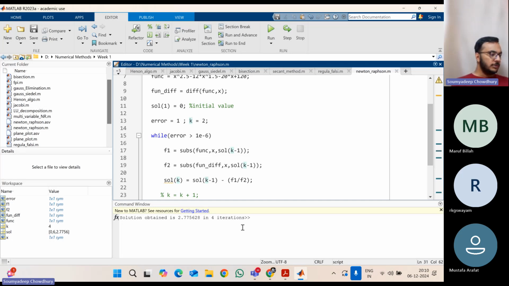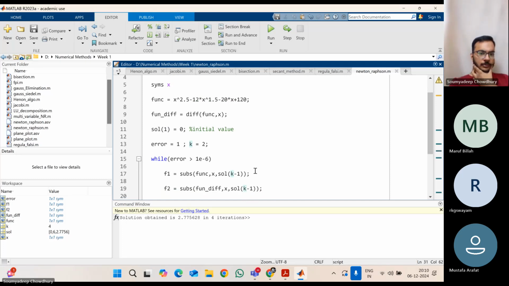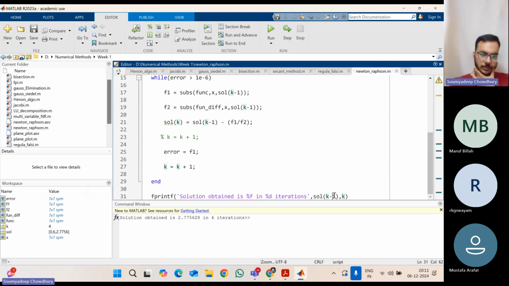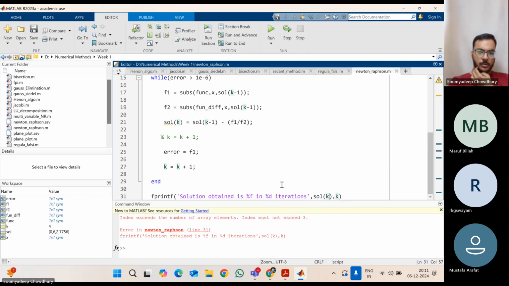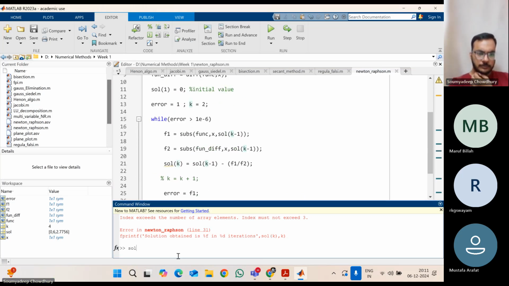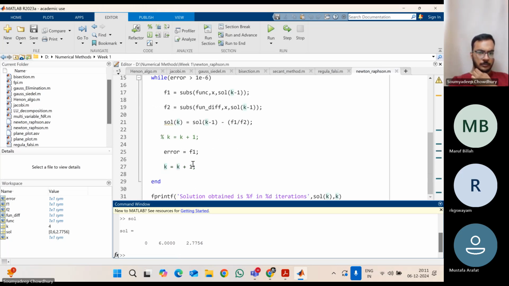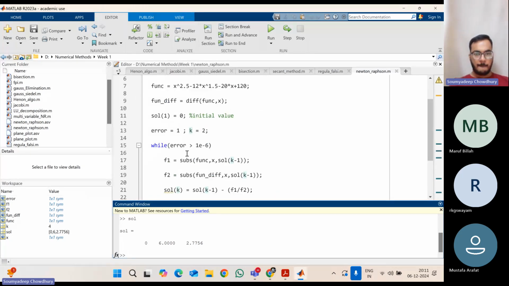So now I will show you. 1 second, I think some mistake is there. There's some error, I think, because it is not giving the correct solution.